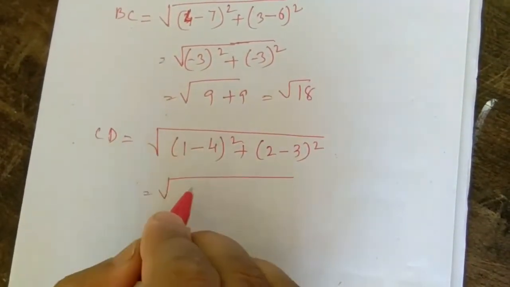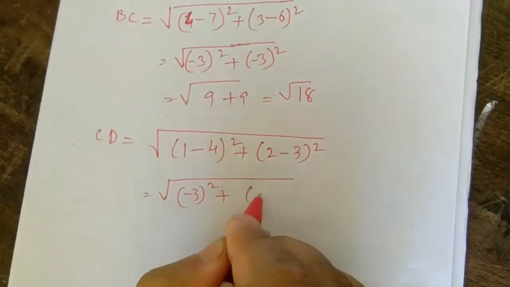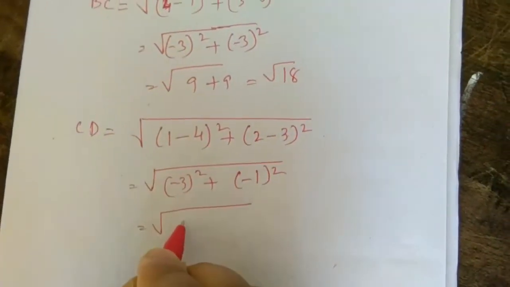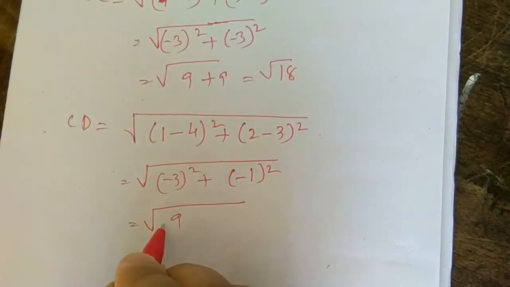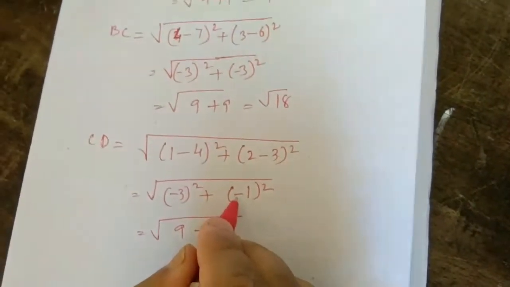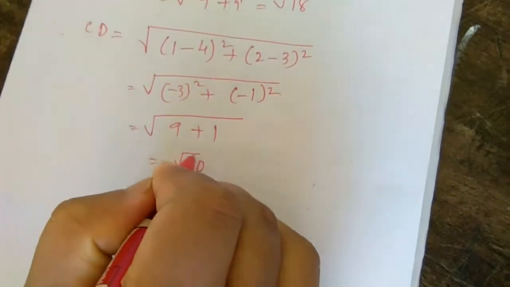Okay, subtract it. Minus 3 will get plus 3 minus 2 is 1. 3 3 is 9, power even, positive. 1 1 is 1, power even, so positive. Okay, it is root 10.